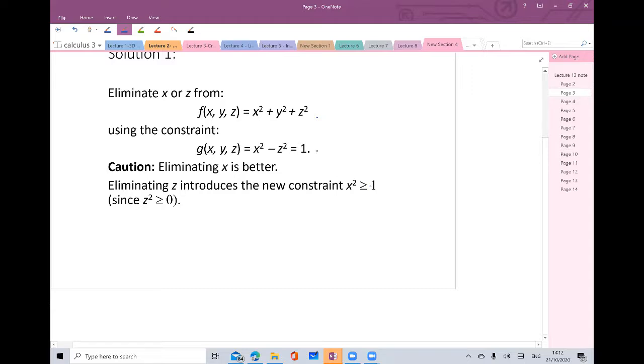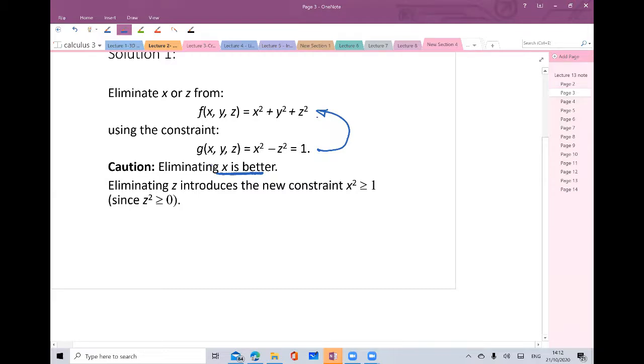I'm going to eliminate one of the variables, like we did, and plug it into the function, so I'll have a function of two variables, and I'll find my maximum and minimum by getting my critical points.